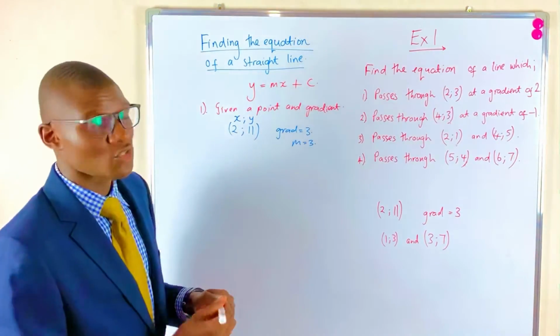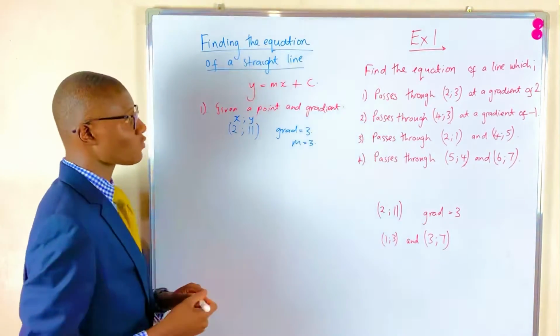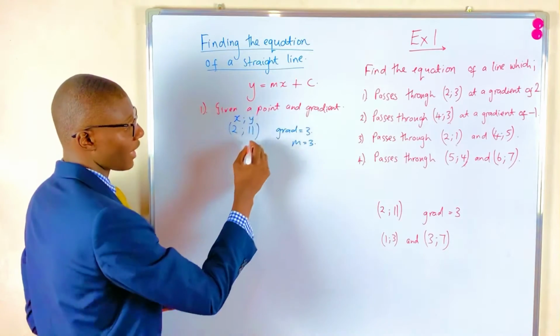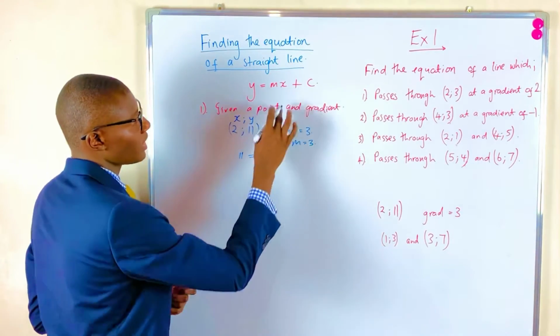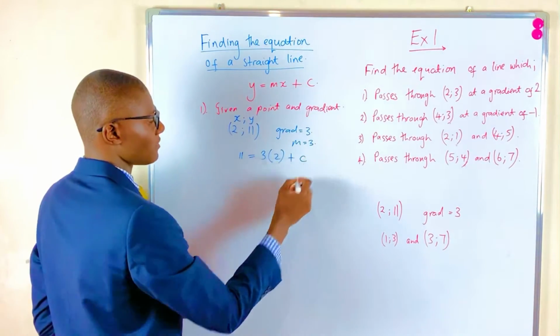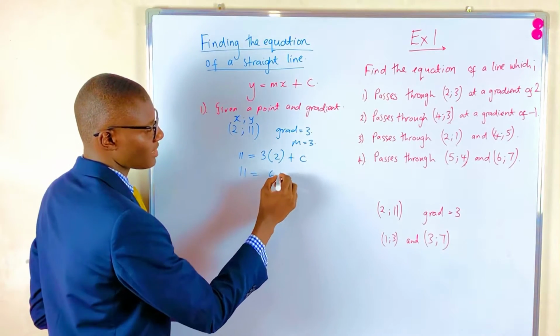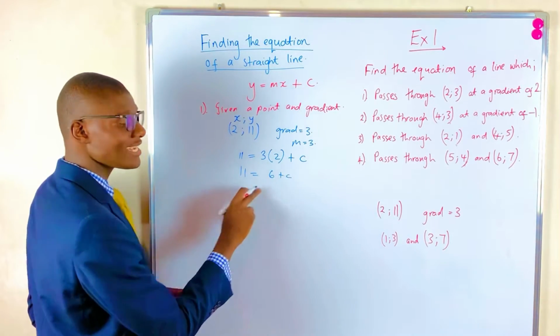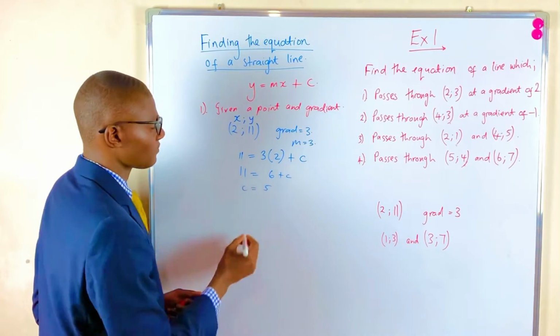So we substitute these into the equation y is equal to mx plus c, then we solve for c. So y, which is 11, is equal to m, 3, multiplied by x, which is 2, plus our constant c. So that's 11 is equal to 6 plus c, which is taking 6 to the left-hand side, c would be equal to 5.